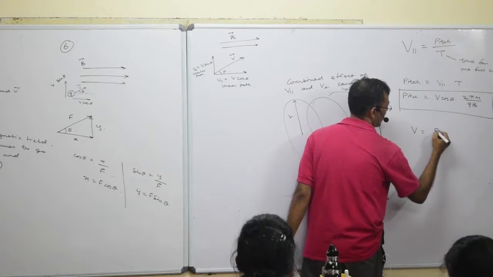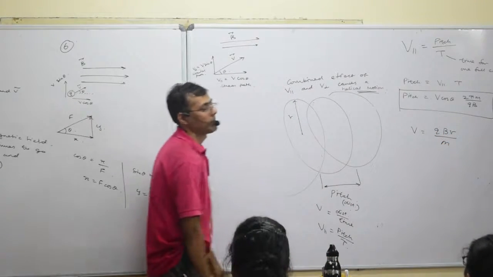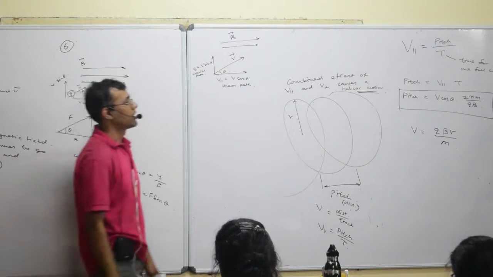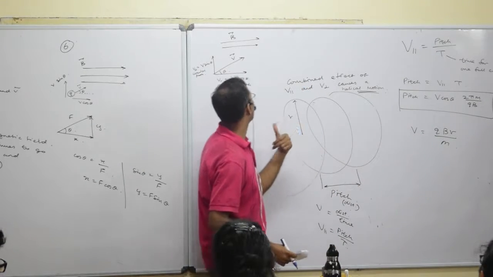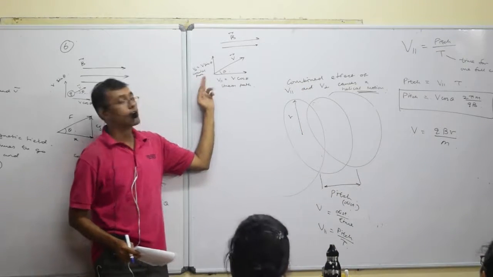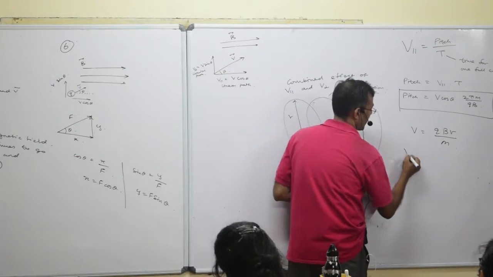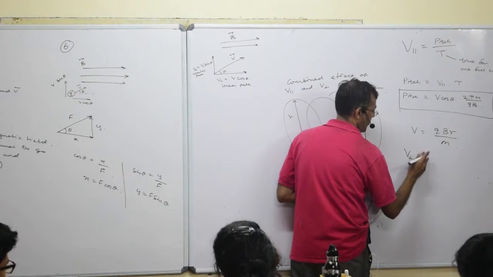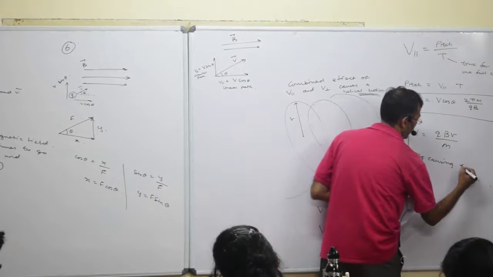So we said v is equal to qBr by m. But that is for the entire velocity. In this case, the radius is caused only due to V perpendicular, right? So I am going to say V perpendicular is what is causing the circular motion.